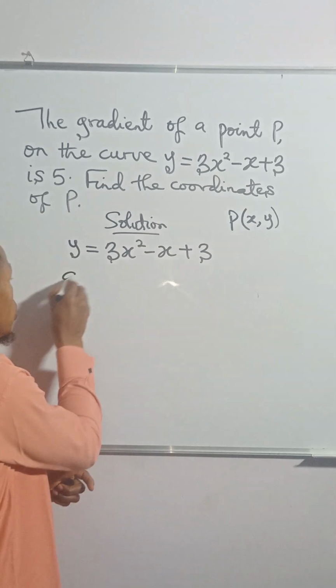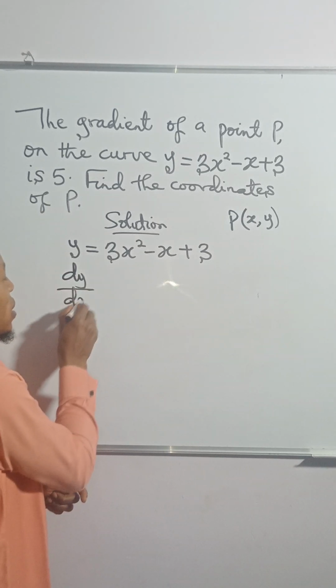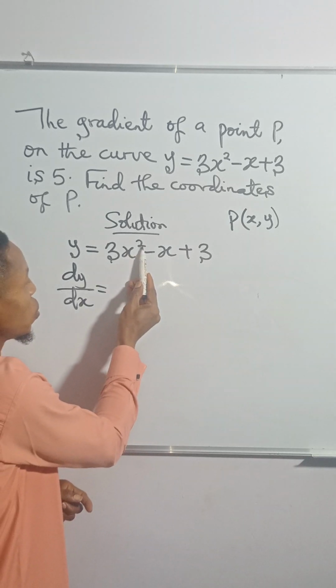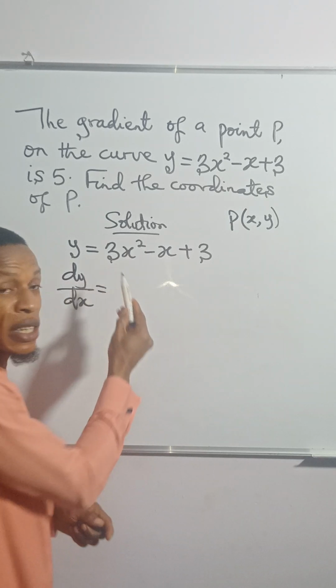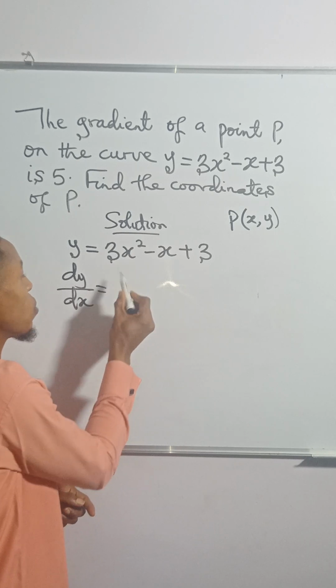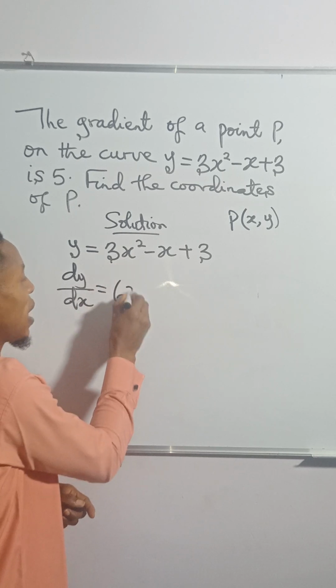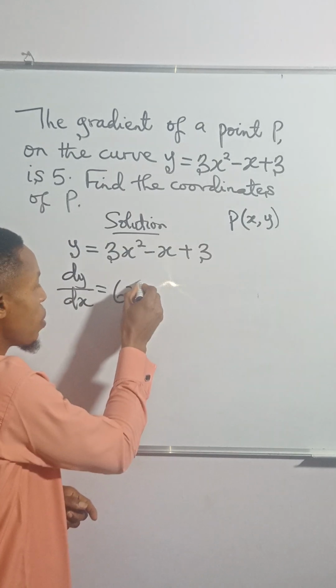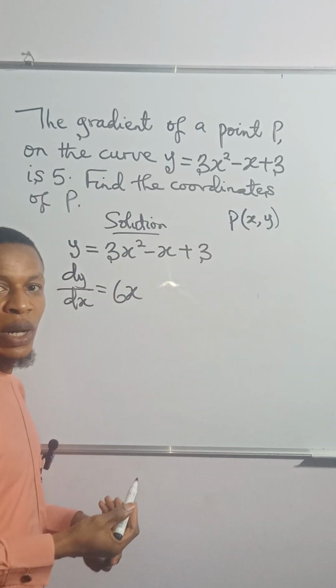So when we do dy over dx, how do we differentiate? We use the power to multiply the coefficient. So 2 times 3 gives 6, I write x, and subtract 1 from the power: 2 minus 1 is 1, so needless to write 1 there.